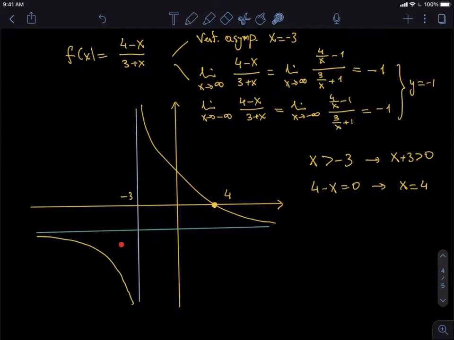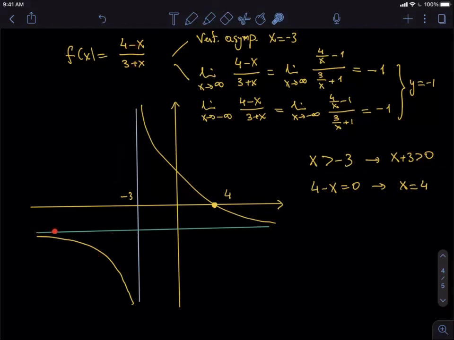For example, if I take x less than -3, I have that 4 minus x is at least as big as 7, because it's 4 minus -3. And then the denominator is going to be a negative number. For example, if I take x like -4, 3 plus x would be -1, -2, and so on. So positive numerator, negative denominator, negative function.